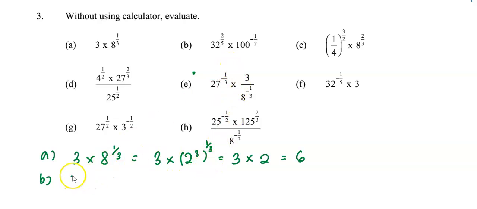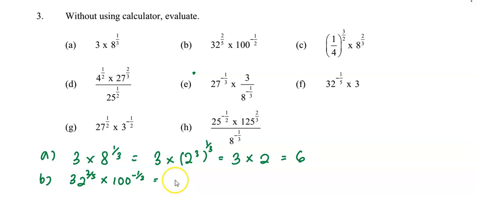Alright, look at B, 32 power of 2 over 5, multiplied by 100 power of negative 1 over 2. Just ask yourself, 32, we can change it into the simplest base.